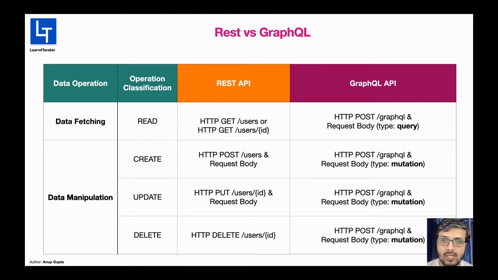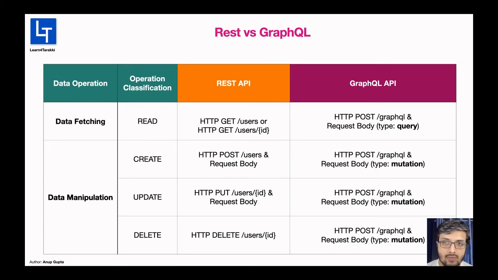If the client application wants to fetch data from the server, it has to send a query of type query within the request body. But for the create operation, the client application has to send the query type as mutation in the request body. For update, again mutation. For delete, again type mutation.